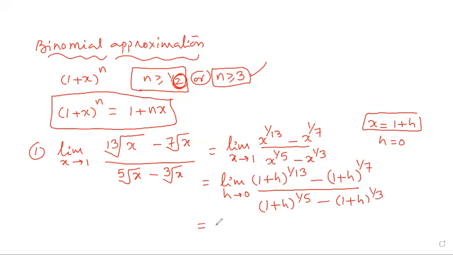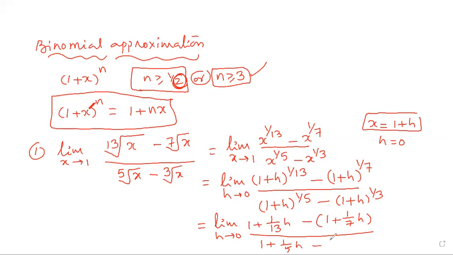Now write down the binomial theorem: limit h tends to 0, 1 plus n into h, that is 1 plus 1 by 13 into h, minus 1 plus 1 by 7 into h, over 1 plus 1 by 5 into h minus 1 plus 1 by 3 into h. So this part is clear now, everyone.